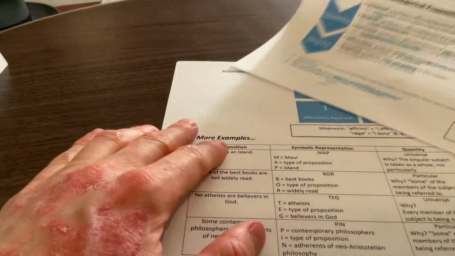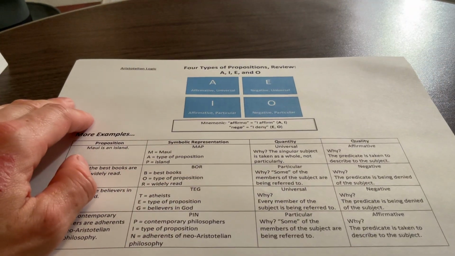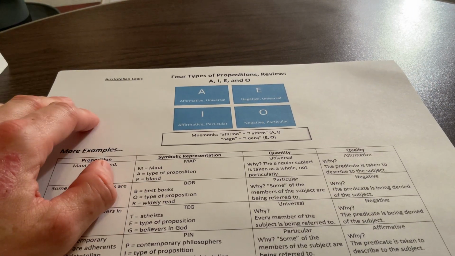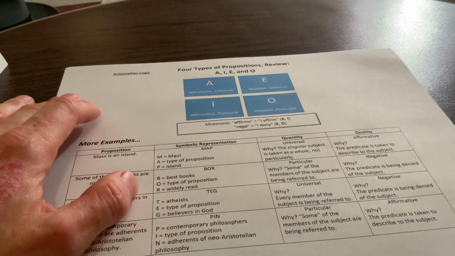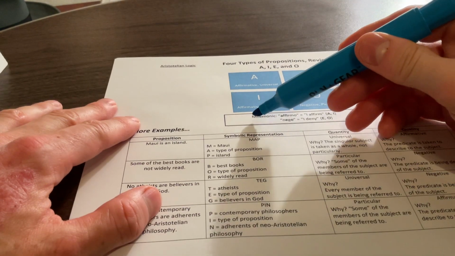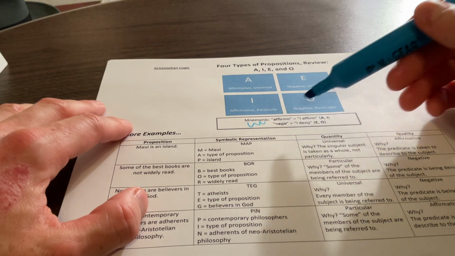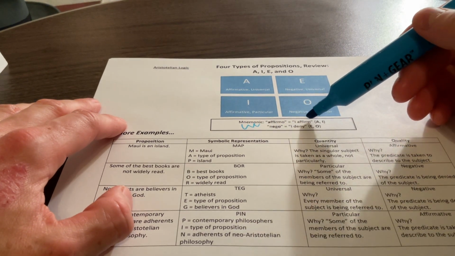And finally, for my notes that I composed, we have the 4 types of propositions, A, I, E, O. Now in the Middle Ages, there's a famous mnemonic, and we still use it today, and that's affirmo versus nego. So affirmo means I affirm.